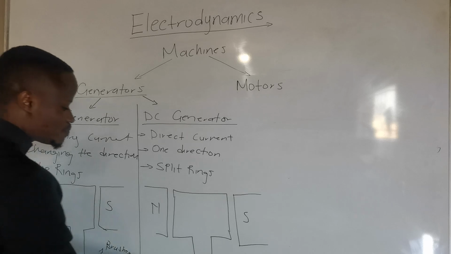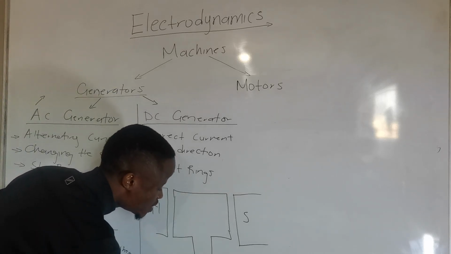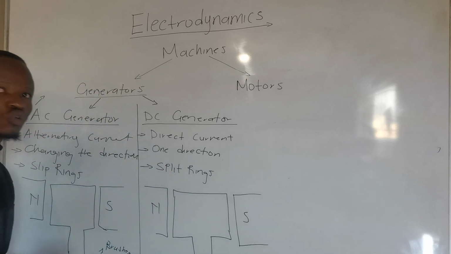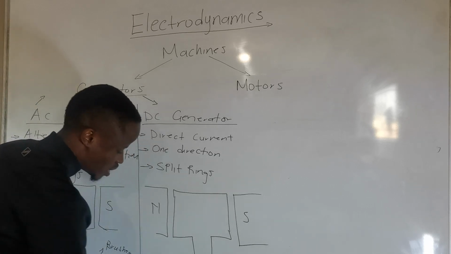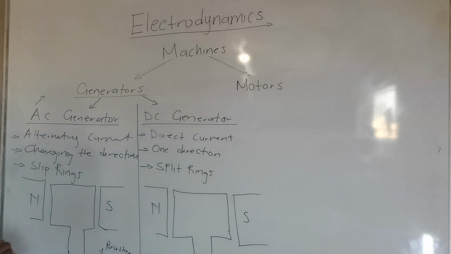So for the current that is going to be in the outside, I'm going to have the same thing here. I'm going to have my brushes. We now know what the functions of the brushes are. Then I put my resistor there. So the difference between these two things, guys, is simple.